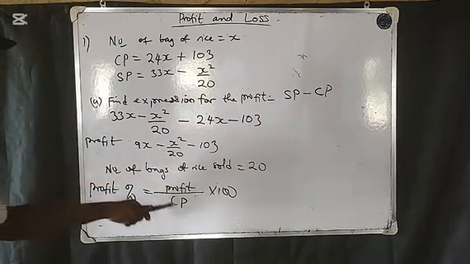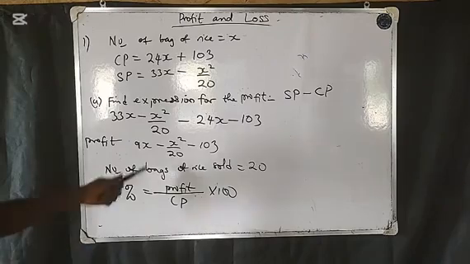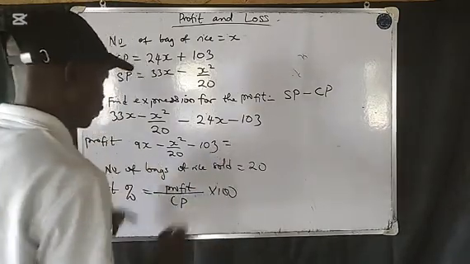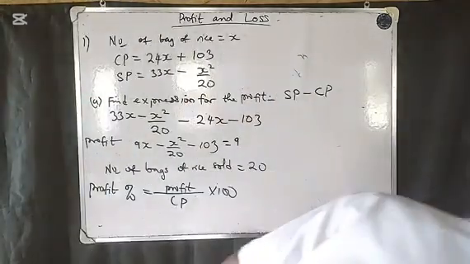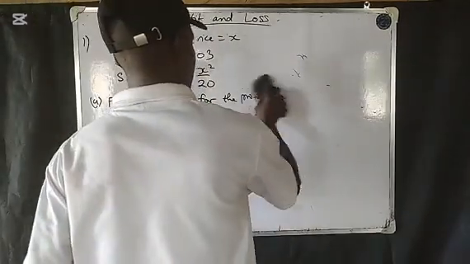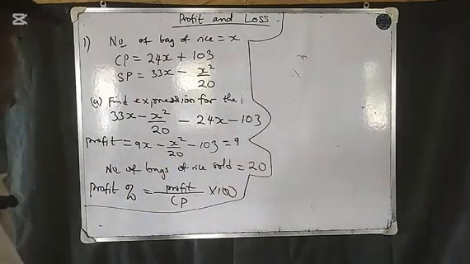This is our profit, then over CP. To reduce it, let's find the CP and profit separately. All right? So let's find profit separately here. This is the profit.